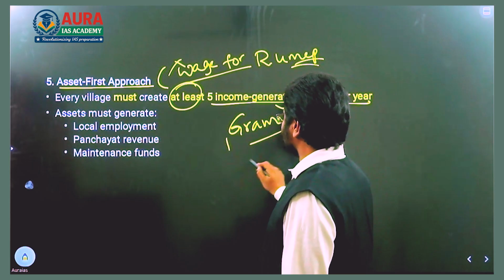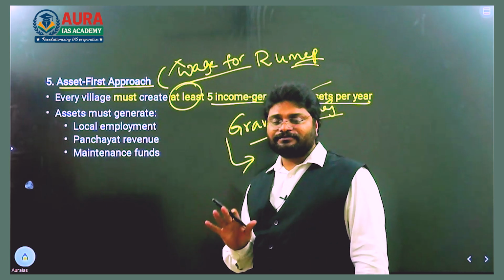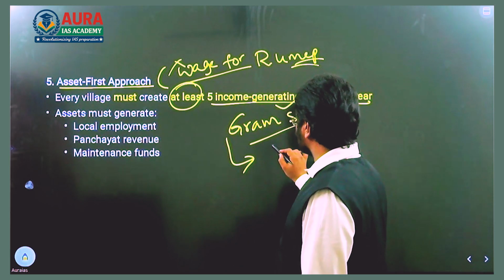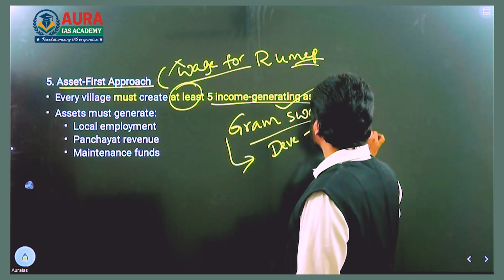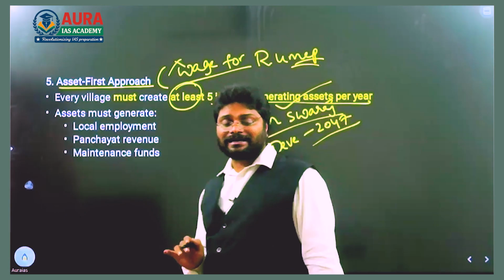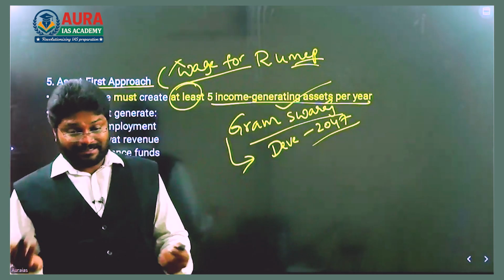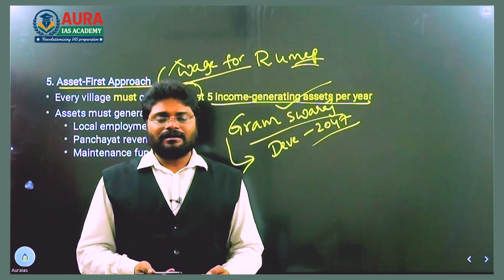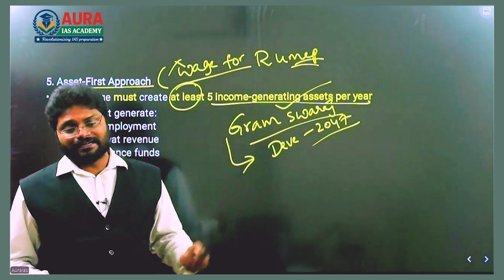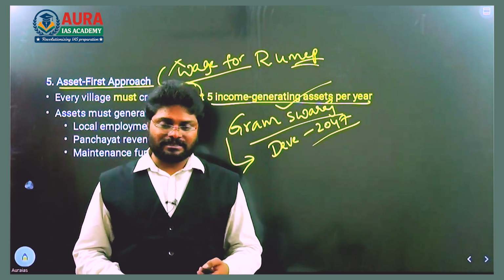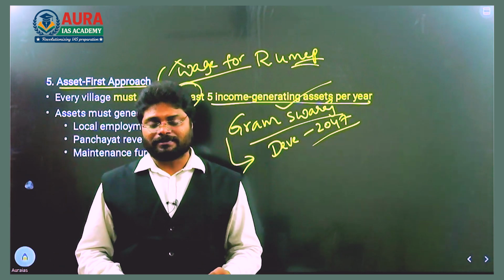Our central government fixed the target of a developed nation by 2047. That means all the people's per capita income should be higher. Now regional inequalities are there, like urban area people's per capita income is higher, rural area people's per capita income is lower.